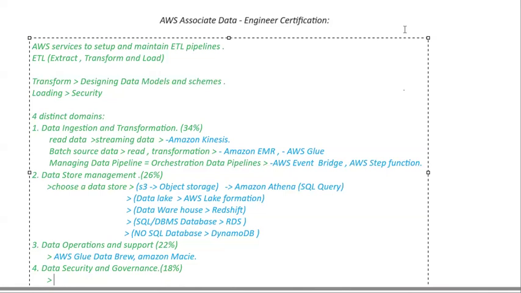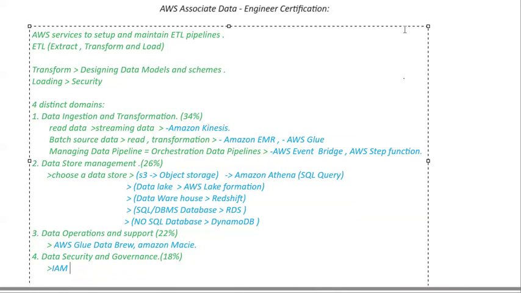That is AWS IAM. This service can provide you security as well as governance over the users who are logging in. By using IAM, we can provide authentication and authorization for a user.